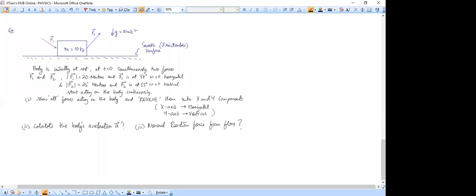The resolution is correct. Adinath, just check for F1, okay? The angle is 37 with the horizontal, no?